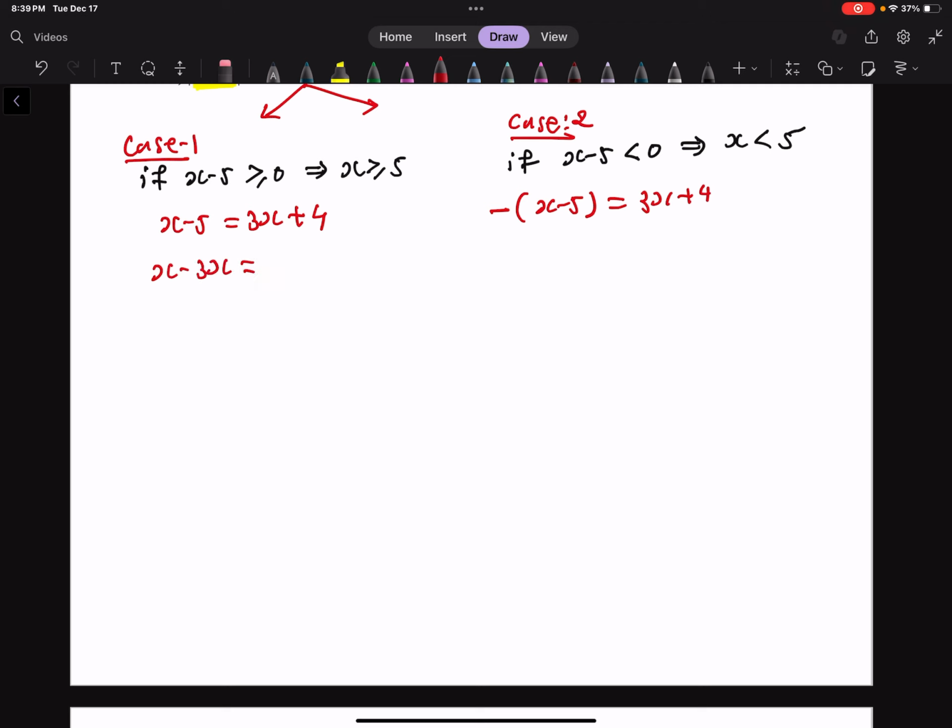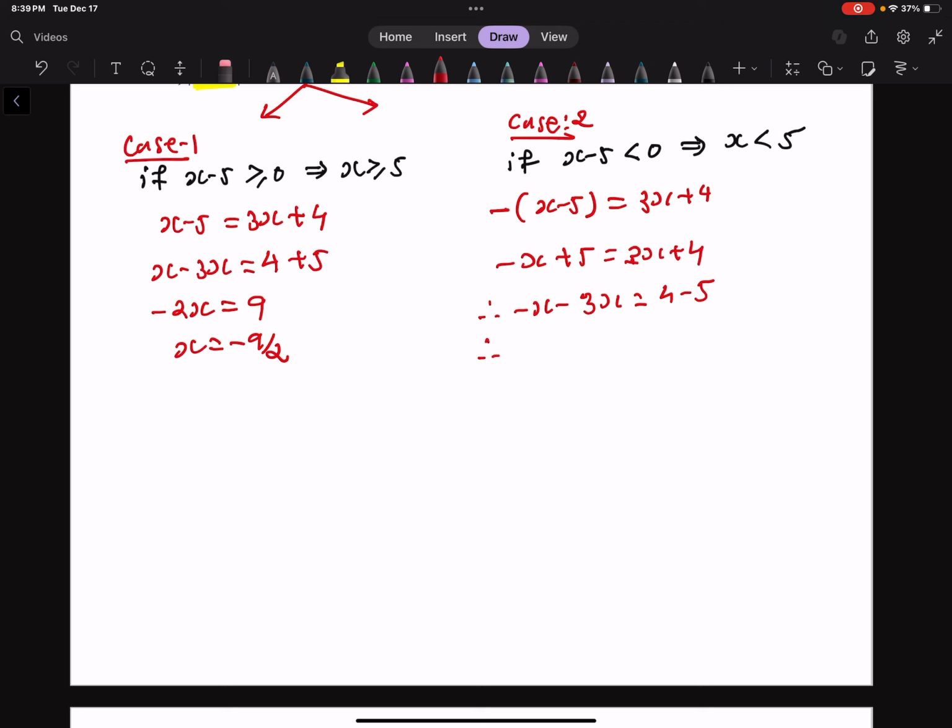So x minus 3x equals 4 plus 5, minus 2x equals 9. So x equals negative 9 by 2. Then minus x plus 5 equals 3x plus 4. Combine like terms: negative x, negative 3x, 4 minus 5, negative 1, so x equals 1/4.